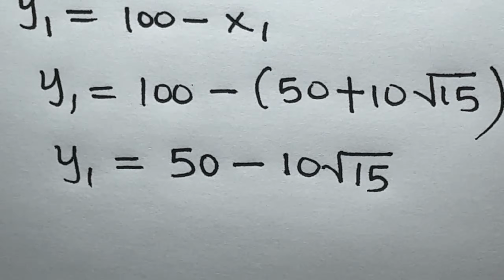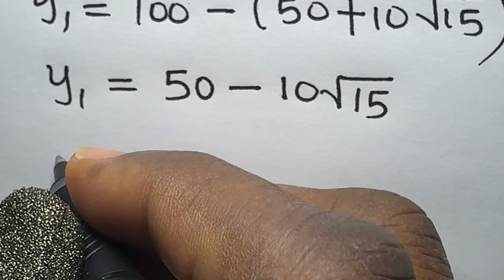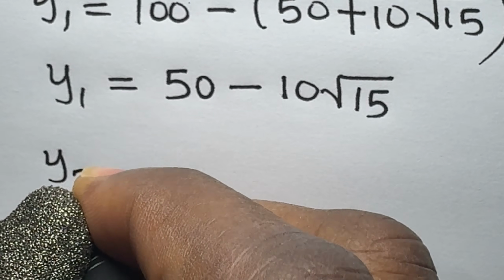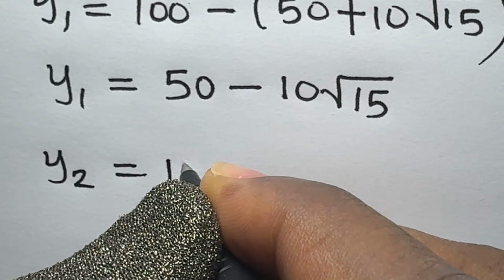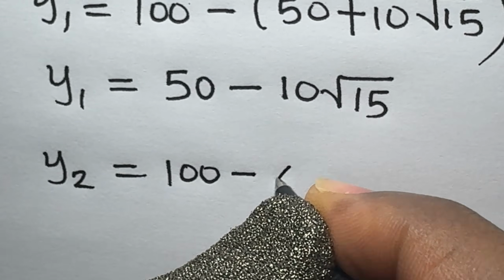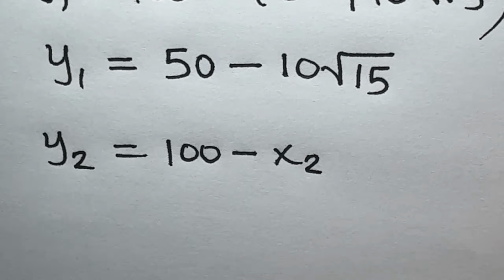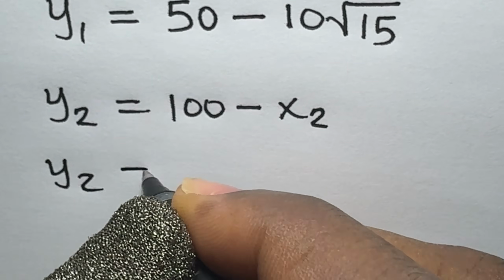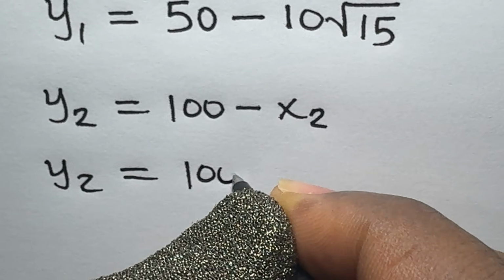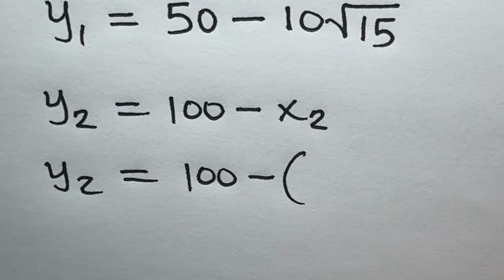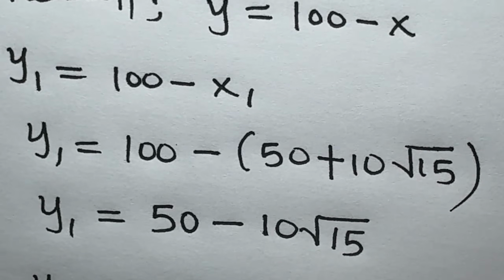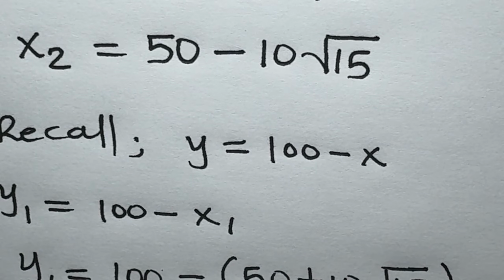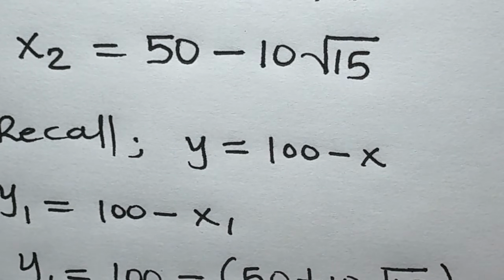In the same way we need to do y2, and for y2 we are going to do 100 minus x2. So we say y2 is equal to 100 minus our x2, which was 50 minus 10 root 15.